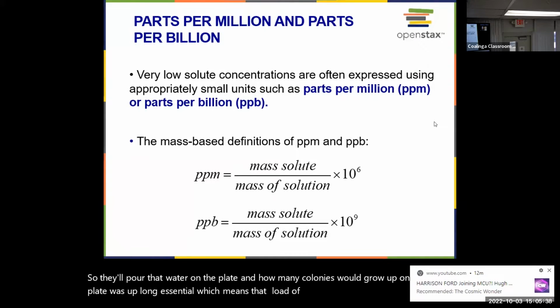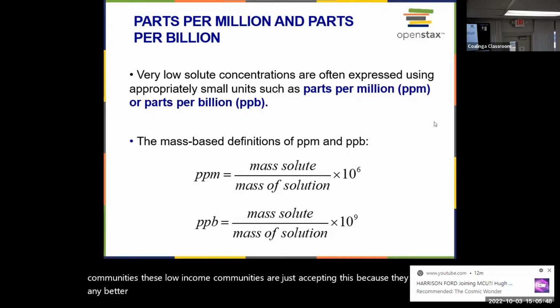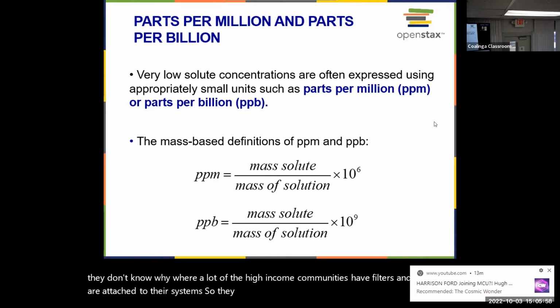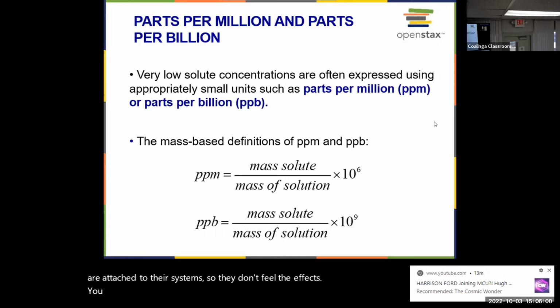And these low income communities are just accepting this because they don't know any better. They're getting sick, their health is going bad, and they don't know why. A lot of the high-end communities have filters attached to their systems, so they don't feel the effects. Filters are built into their houses.